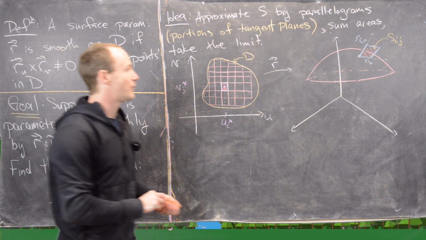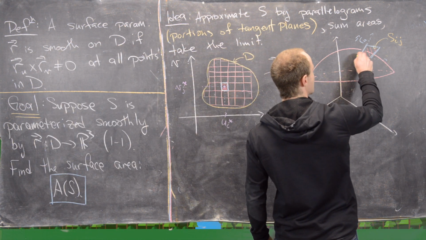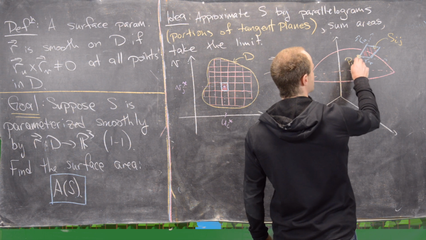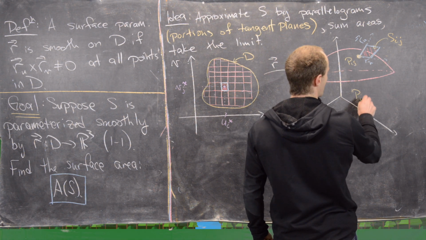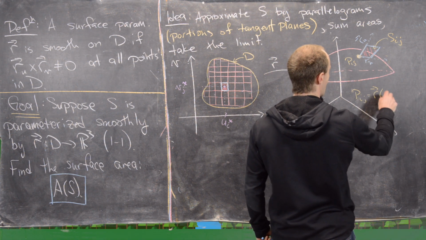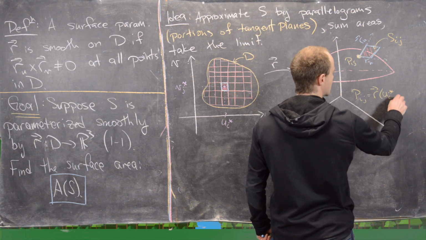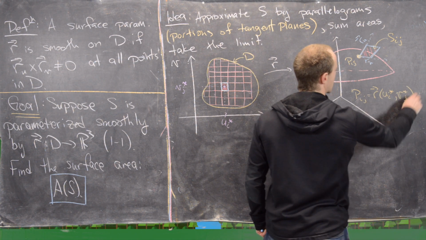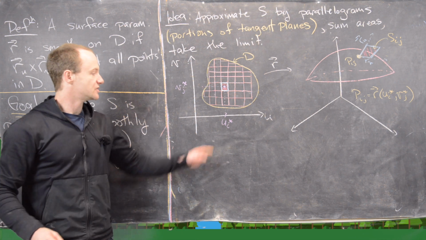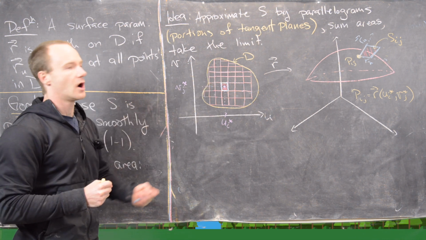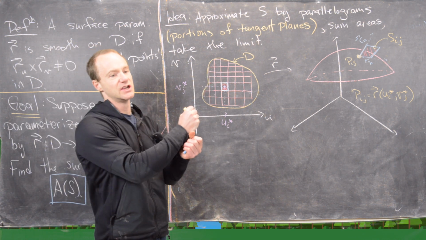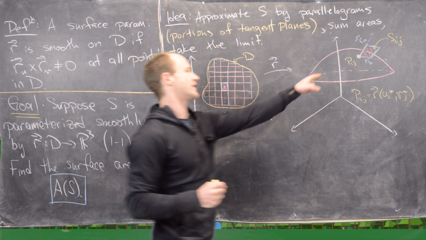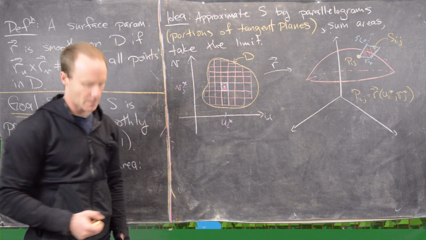So I want to point out that this point right here, maybe we'll call this point P_ij. This point P_ij is R evaluated at (u_i star, v_j star). So this point P_ij is serving as the foundation of our parallelogram over here. Good.